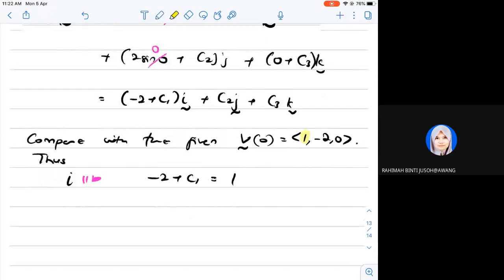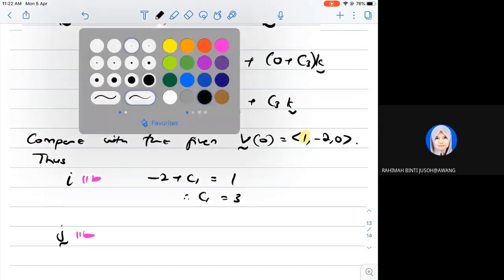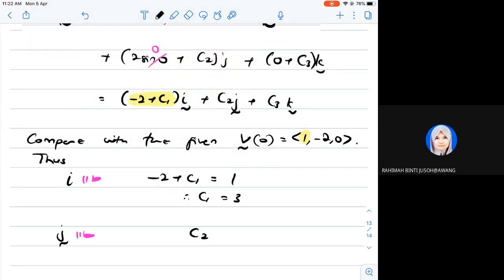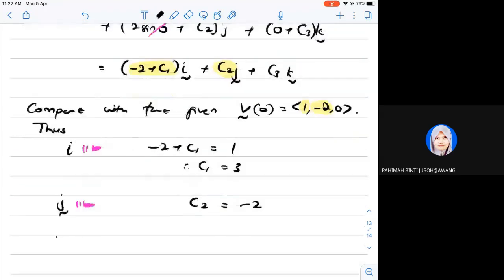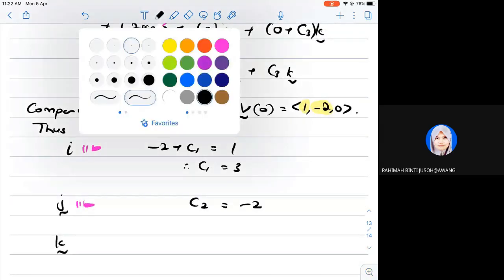Ni komponen I dia. Okay, so therefore C1 dapat 3. Okay, and then compare komponen J yang kita ada C2. C2 samakan dengan negatif 2. So equals to negative 2, and then for case direction kita ada C3.